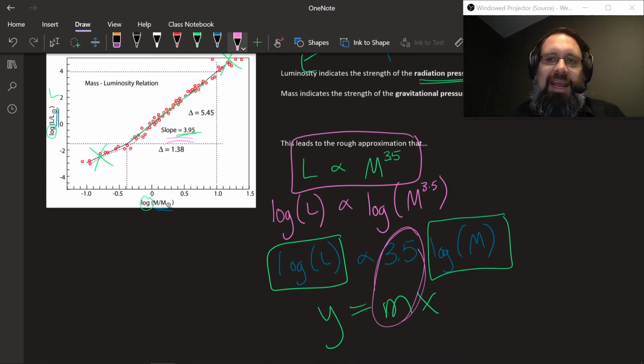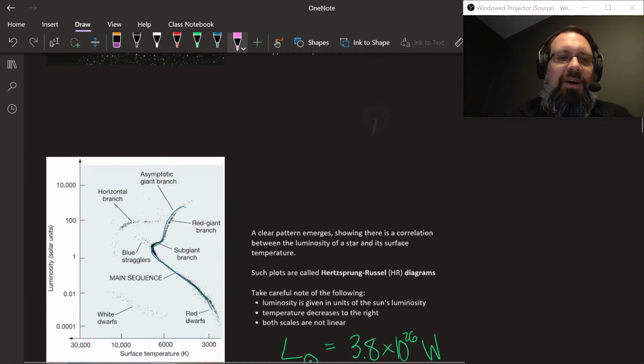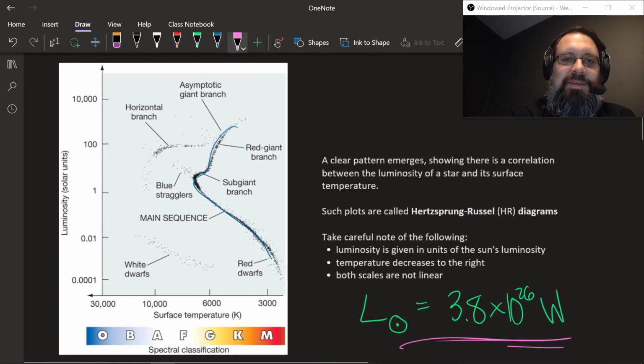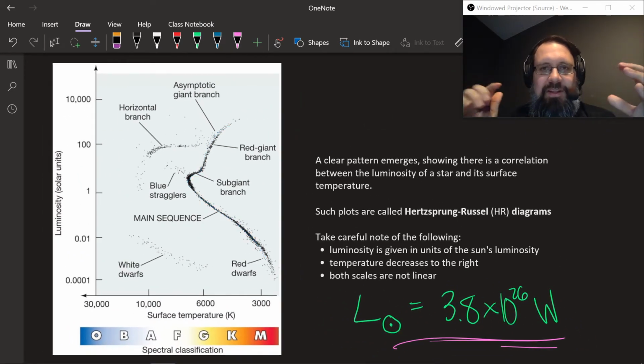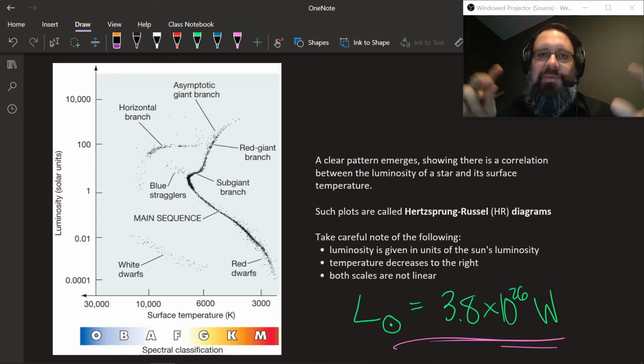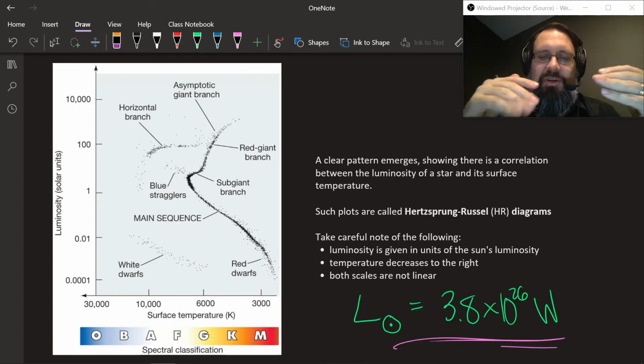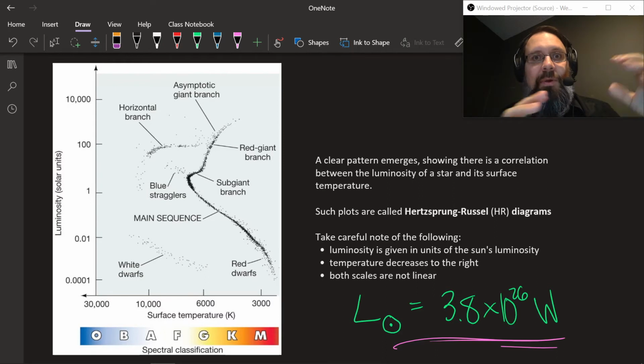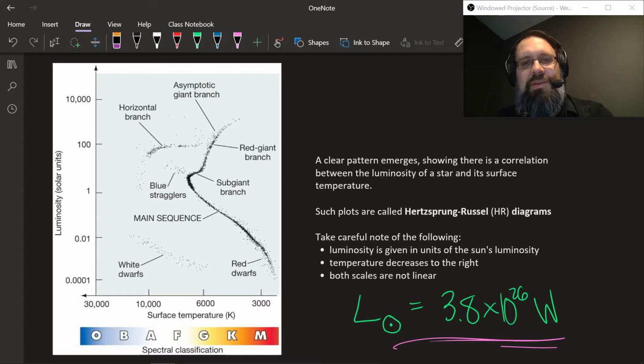And so that answers the question of why we find stars only in certain places. Because based on the physics of this equilibrium, this battle between the radiation pressure and the gravitational pressure, stars are only stable with certain configurations of luminosity. And that's why we end up getting this strong correlation that forms this diagram.